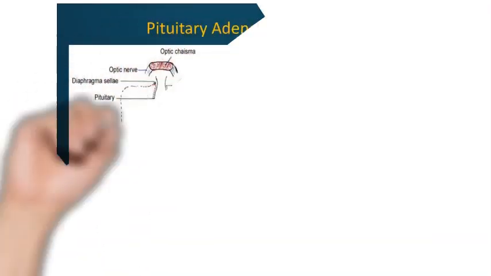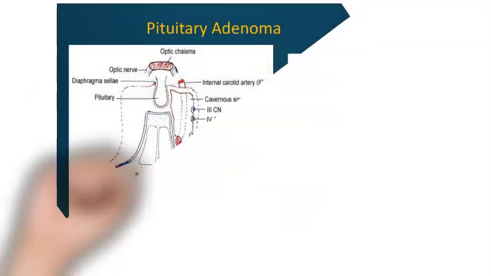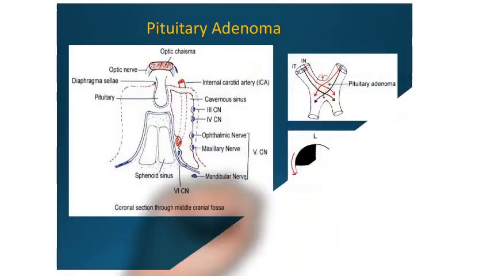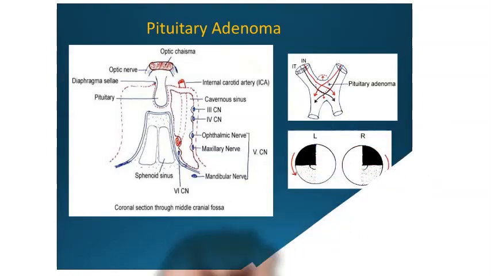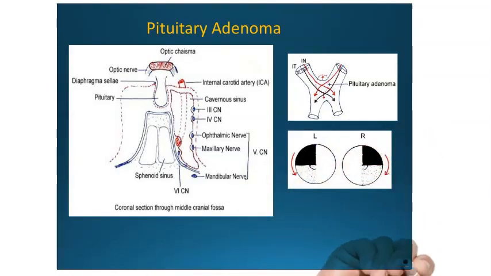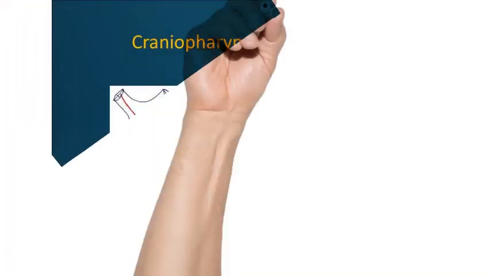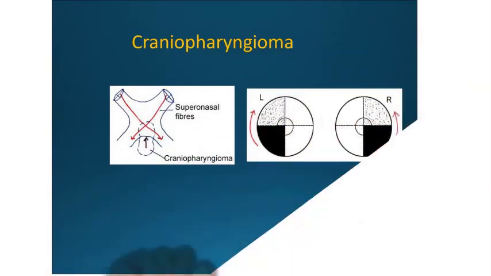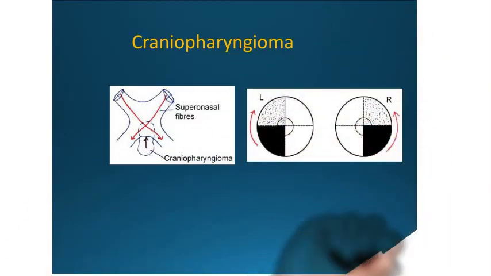Chiasmal compression from above affects the upper nasal, lower temporal field fibers first, then the lower nasal fibers. Thus, pituitary tumors result in temporal hemianopia that progresses from upper to lower fields, and craniopharyngiomas result in temporal hemianopia that progresses from lower to upper fields.